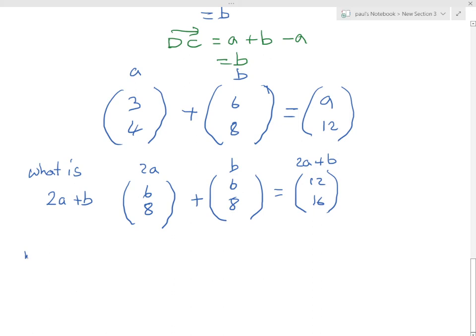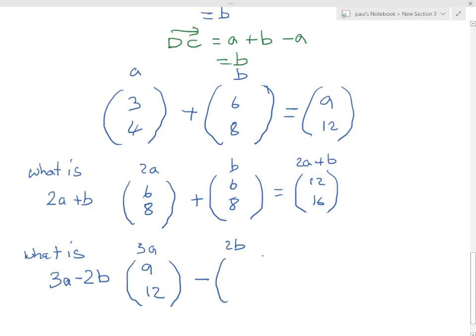So what is 3a minus 2b? Right, so 3a is going to be this. So we need to triple this original number. So that's going to be 9 and 3 fours are 12. So that's 3a minus and 2b.